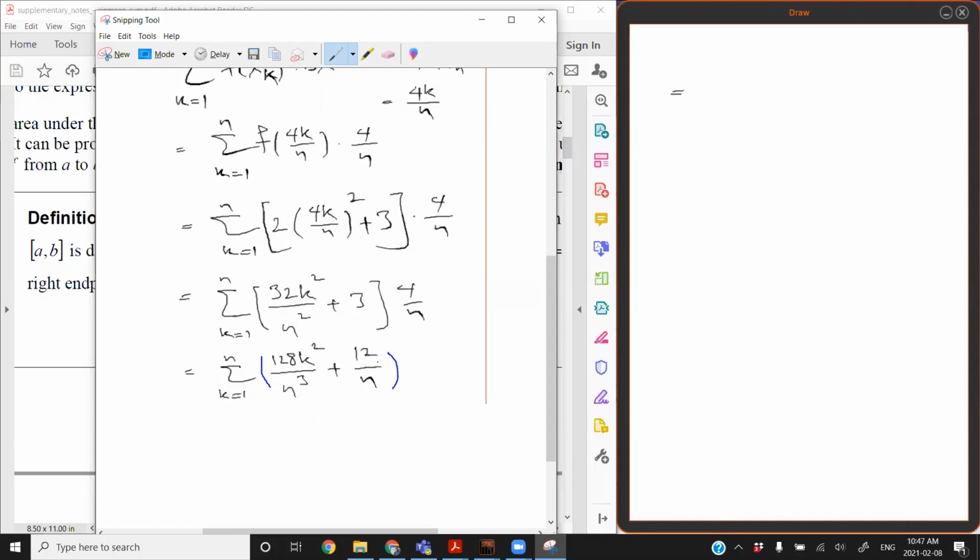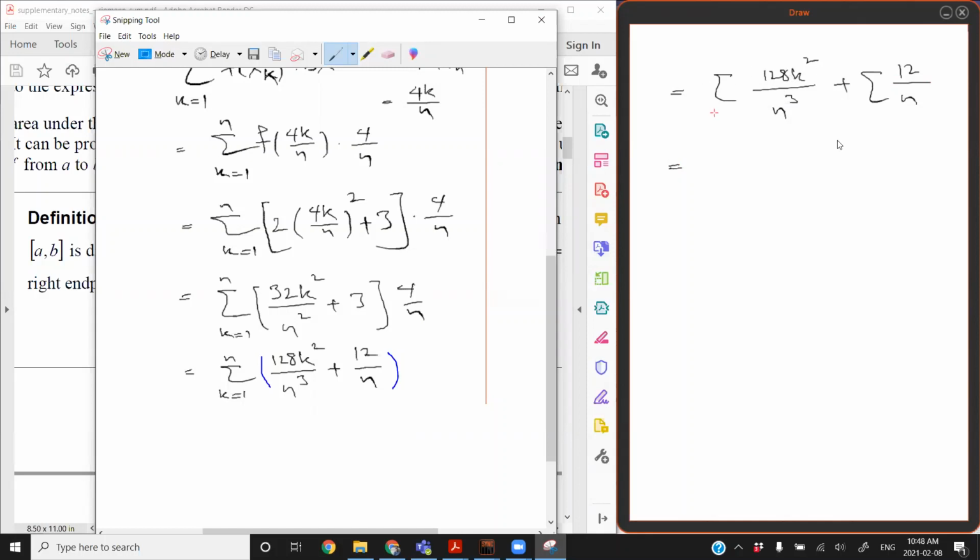So I can write this as sigma 128 k squared over n cubed plus sigma 12 over n. Again, I'm using the properties of sigma. We know that if I have a constant like 128 here or n to the power of 3 here, I can move it out of the sigma.